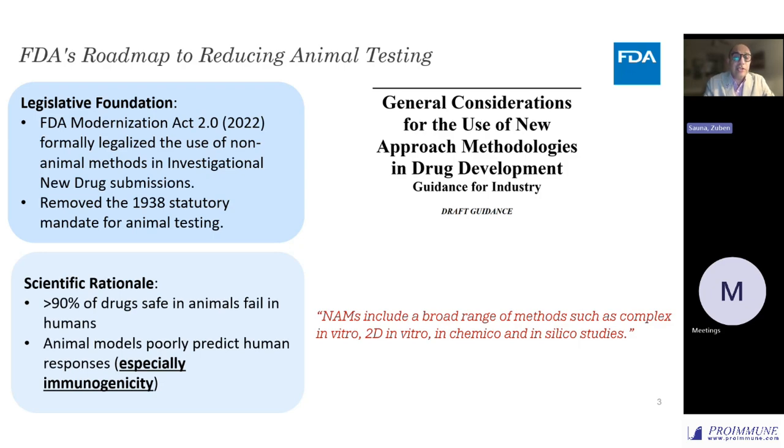And the scientific rationale for this is that 90% of drugs or more that are safe or effective in animals fail in humans. Animal models poorly predict human response, and that is especially true in immunogenicity.